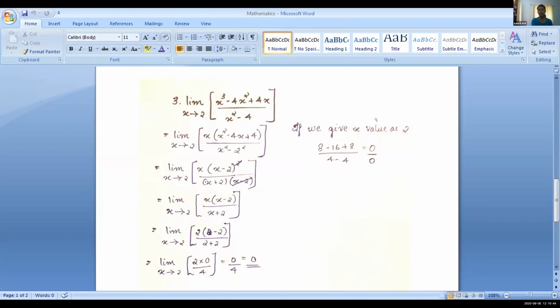Why didn't we take the... Shivani, can you tell why didn't we substitute 2 for the x like we did for the previous questions? Shivani, are you there?